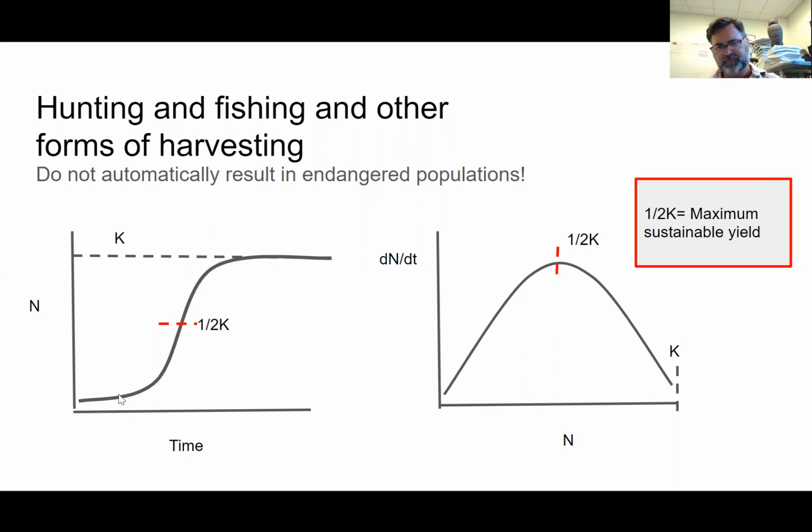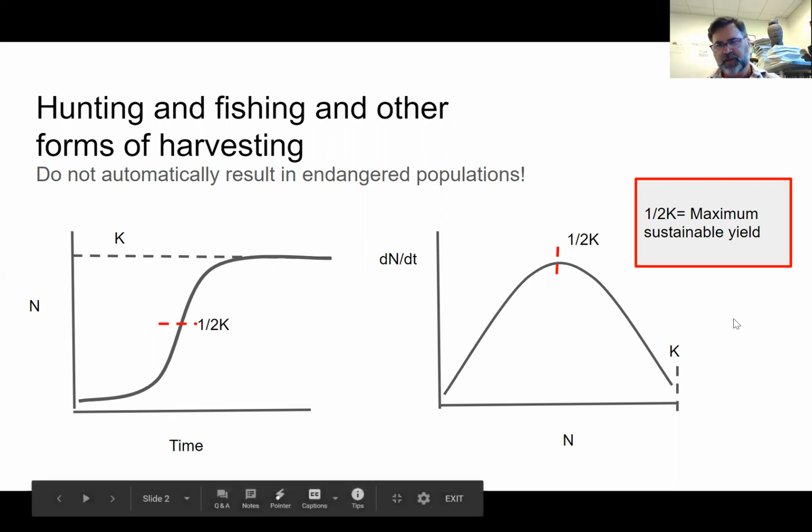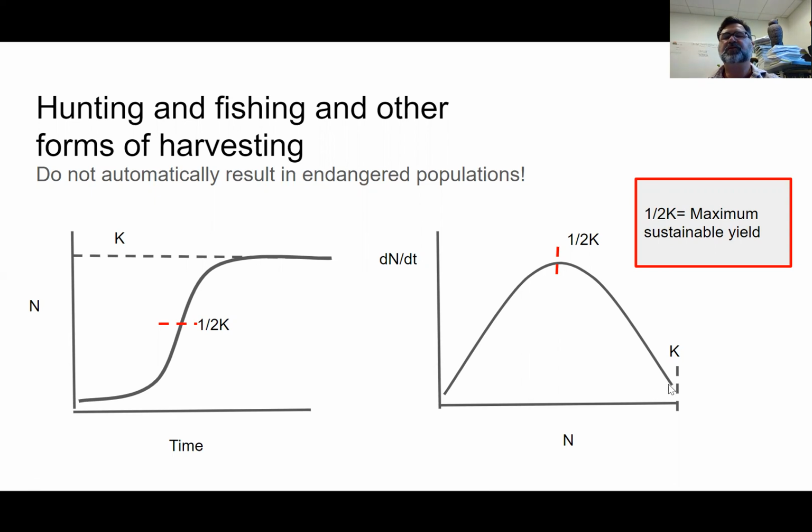And near carrying capacity, it's also slow. So it can actually be 0. As you get close to 1/2 carrying capacity, you speed up, you hit 1/2 carrying capacity, and then you start to slow down. So that's an inflection point.